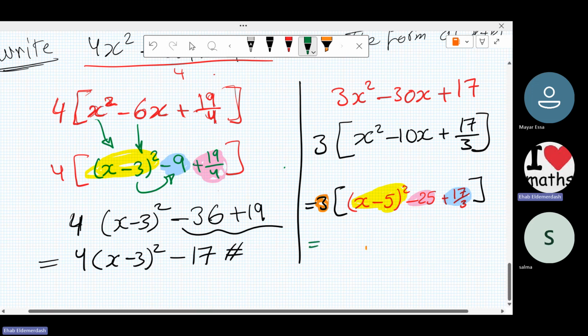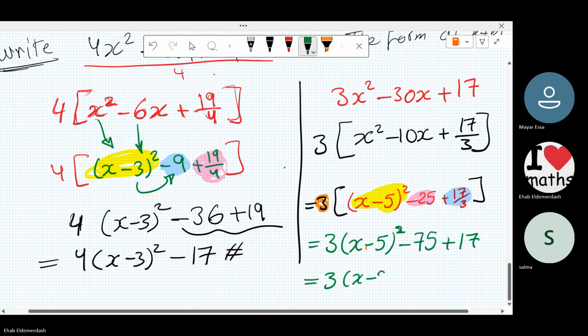What will happen? 3 into x minus 5 squared minus 75 plus 17. Let's see what will be the answer. Minus 75 plus 17, I think it will be minus 58. I did it. Is it that difficult?